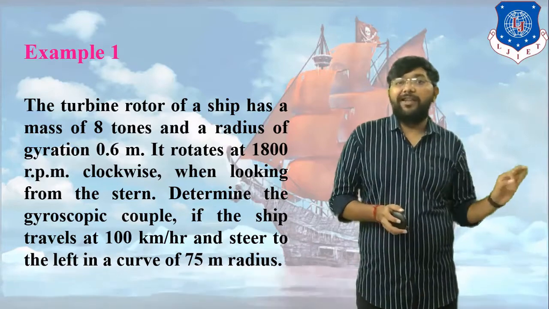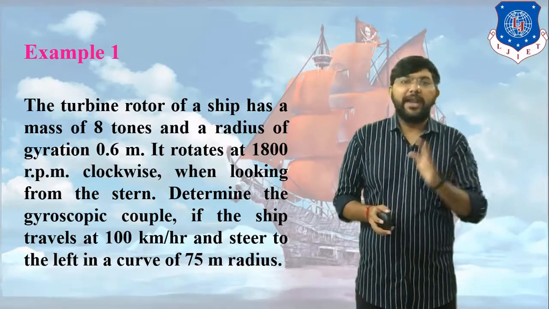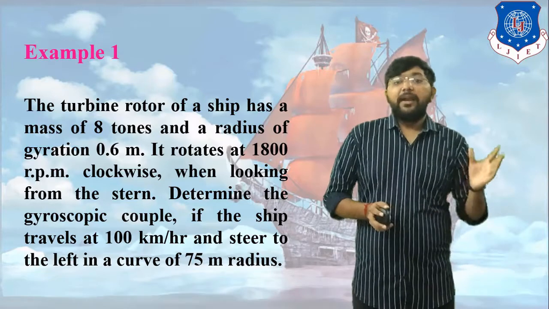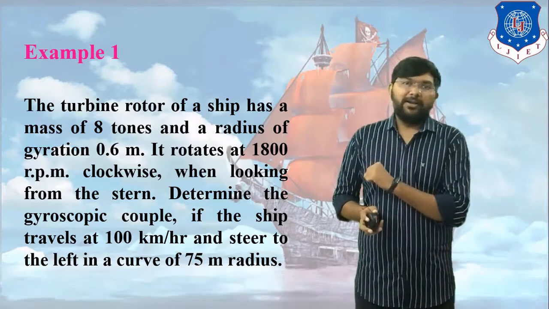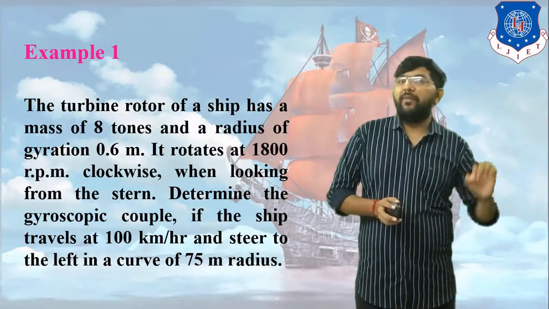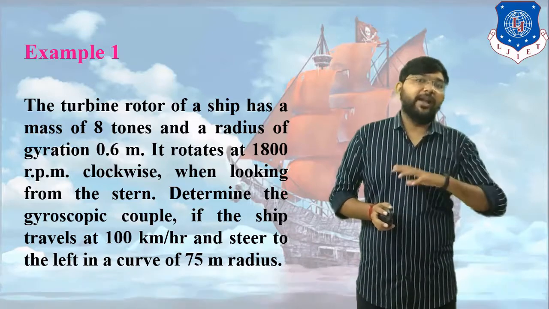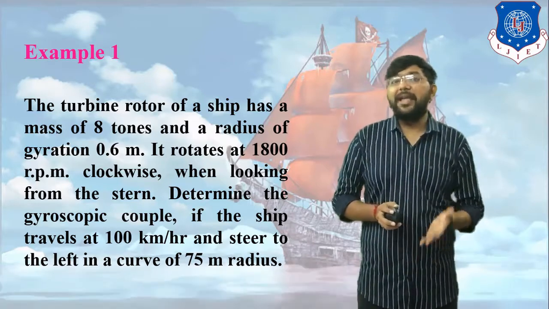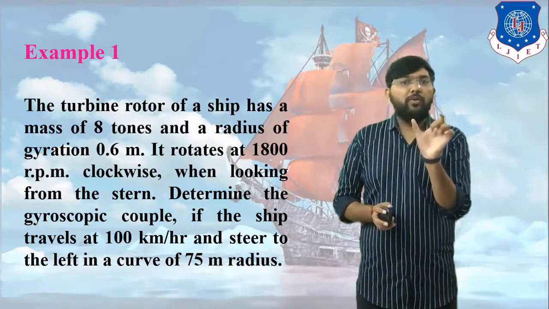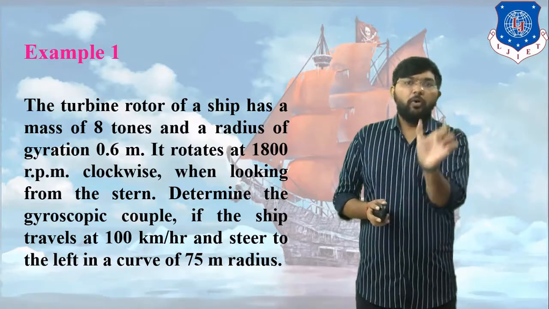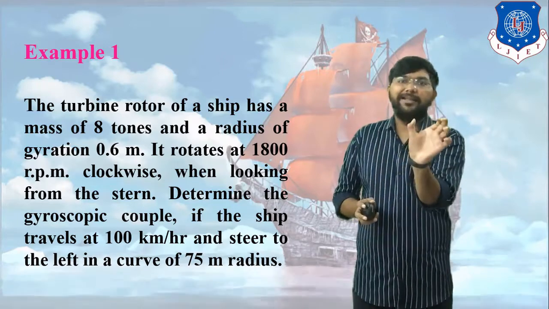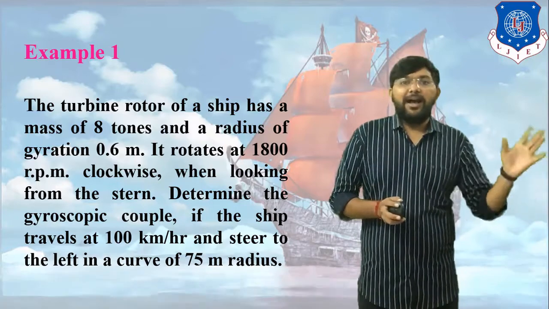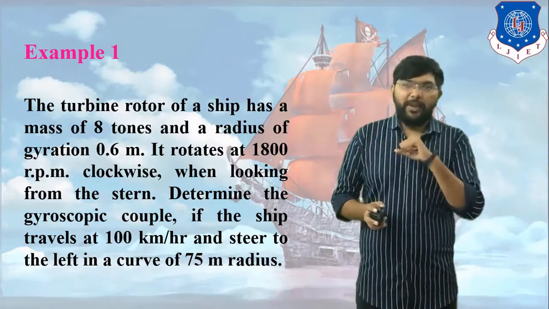Determine the gyroscopic couple. So you have to find the value of capital C, the reactive gyroscopic couple, that is I omega omega P. You find the values of I, omega and omega P and multiply these three values; the answer is the reactive gyroscopic couple.